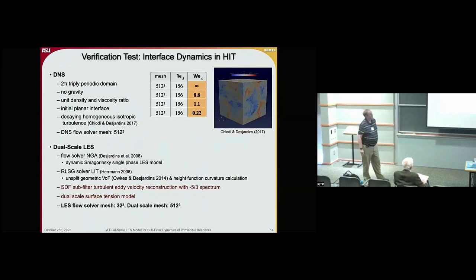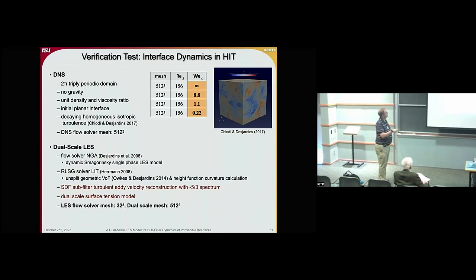So first verification test case, homogeneous isotropic decaying turbulence. This case here is Re lambda 156. We did Re lambda of 313 as well. Essentially the same type of result. No gravity, unit density and viscosity ratio, to keep it simple at the beginning. We put an initially planar interface into the decaying homogeneous isotropic turbulence field.